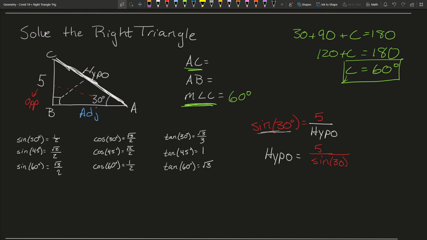Can't you just flip them both and multiply by 5? Yes, you can do that. Again, I like to actually use algebra, but yes, you are using algebra. I'll just leave it at that.